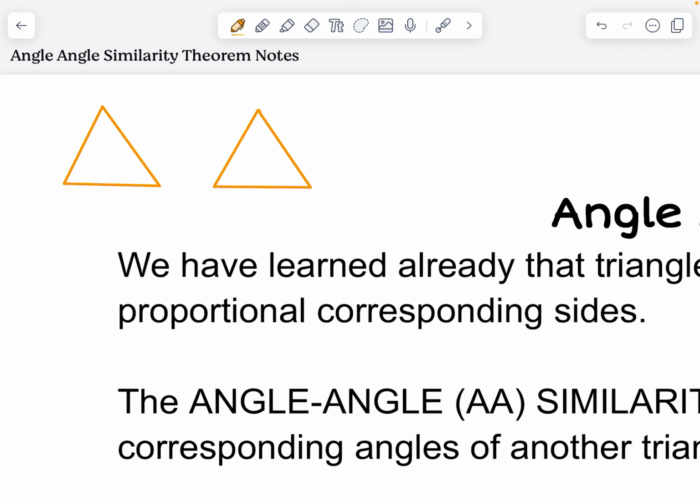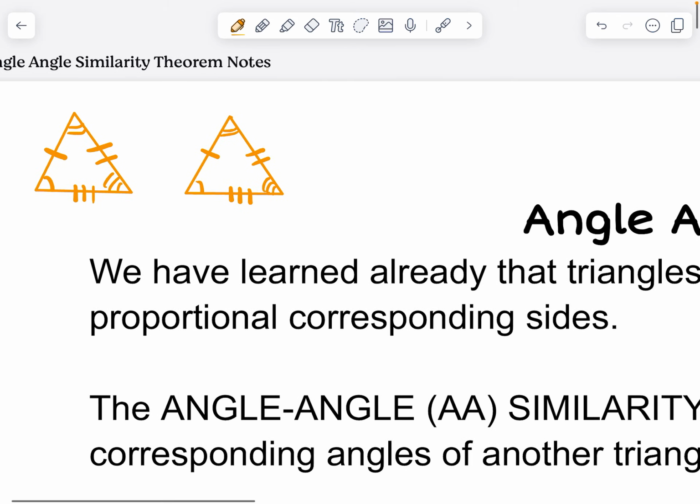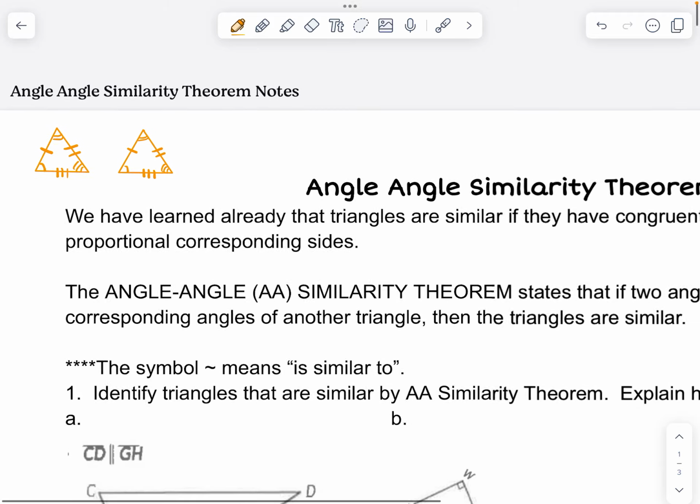If they were congruent, the sides are congruent to each other. This angle is congruent to this angle is congruent to this angle. Now, we've talked about that briefly earlier this year, but now we're going to talk about triangles being similar.